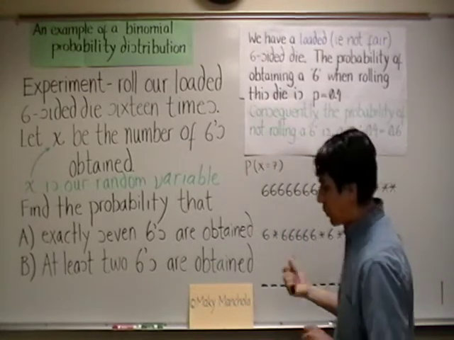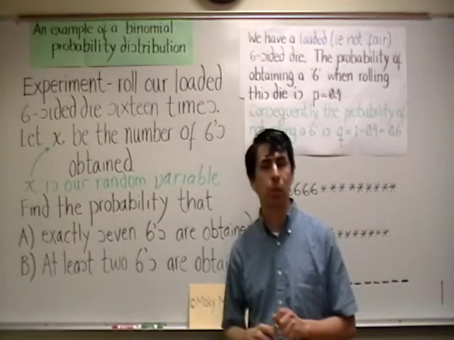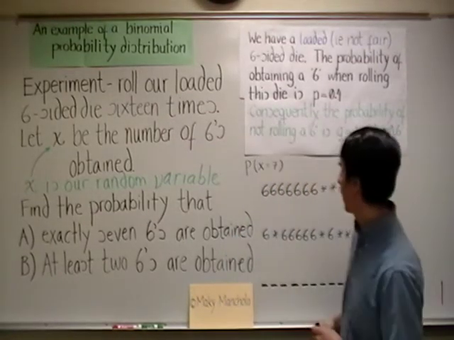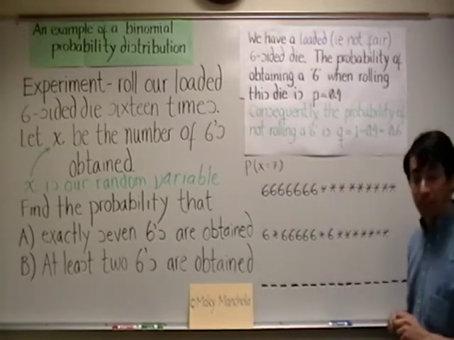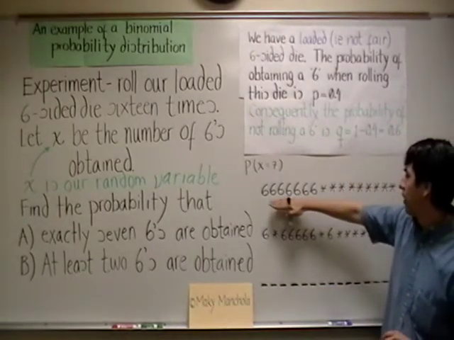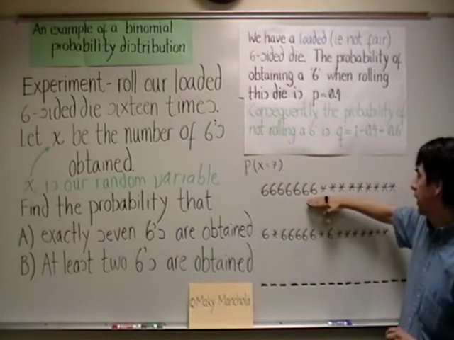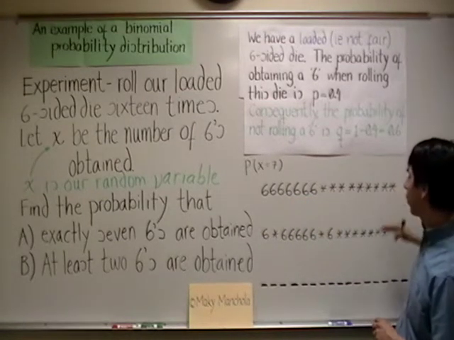Now, when you think of the outcomes of this experiment, you quickly realize that there are many ways of achieving this type of outcome. I have 2 here on the board. Maybe the first 7 were 6s and the remaining 9 were not.